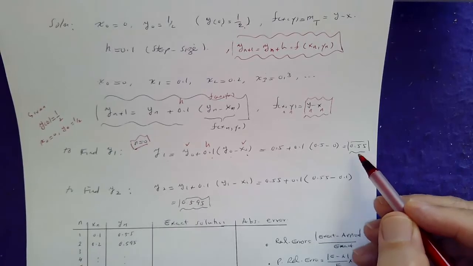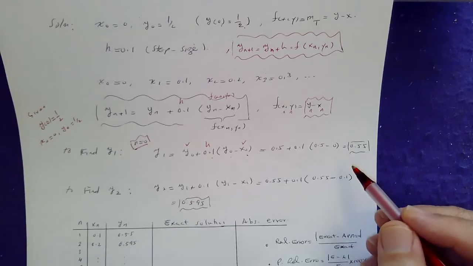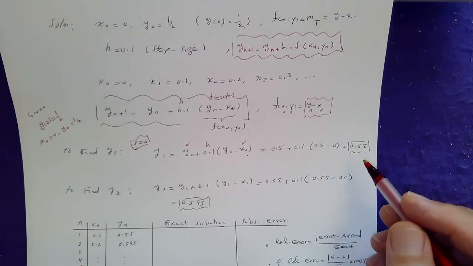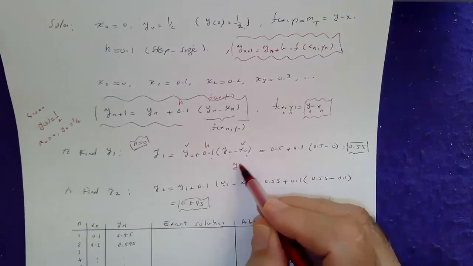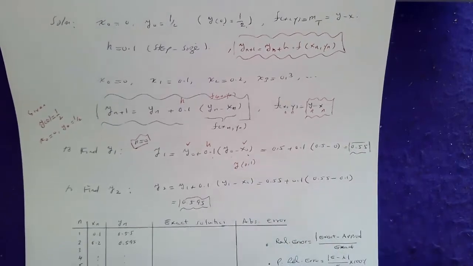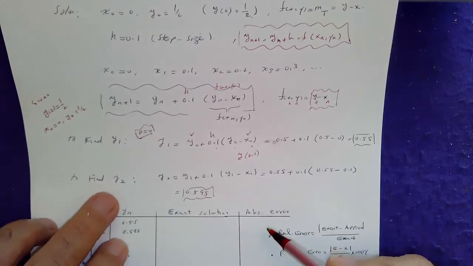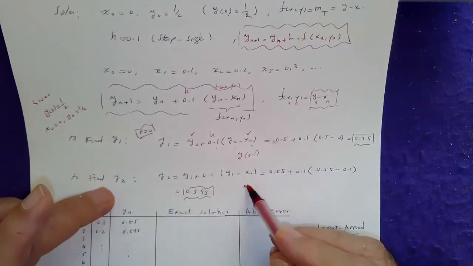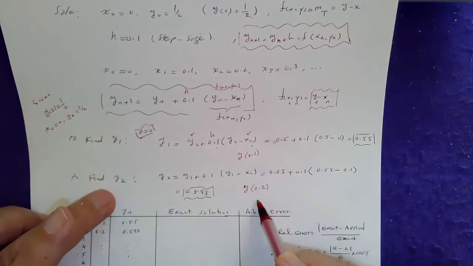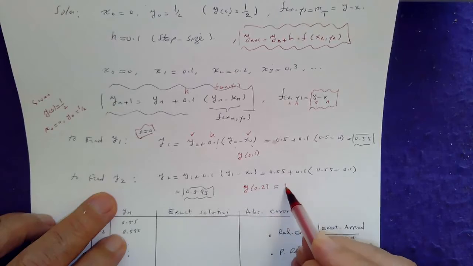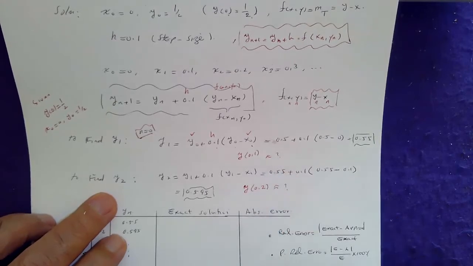Okay, so this would be what? An approximation for y of 0.1. Okay, the next one is y of 2, which is an approximation for y of 0.2. What is this approximately equal to?